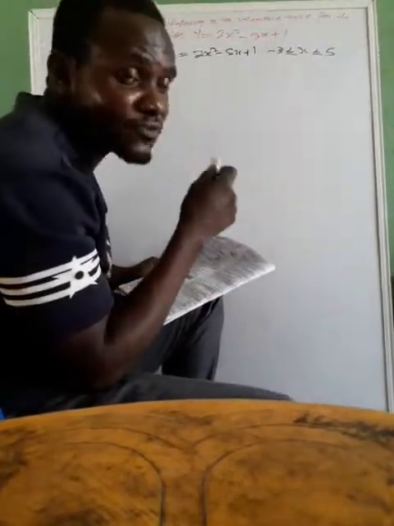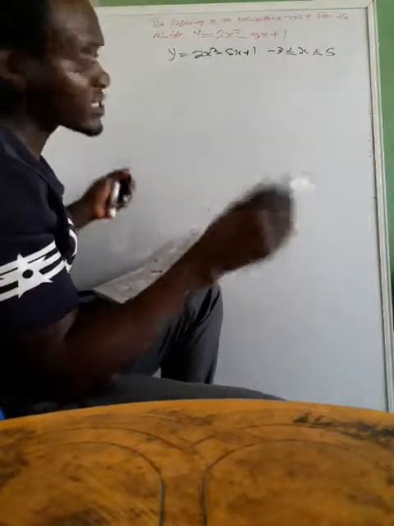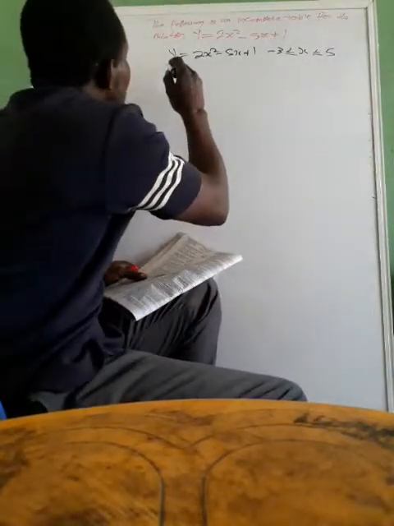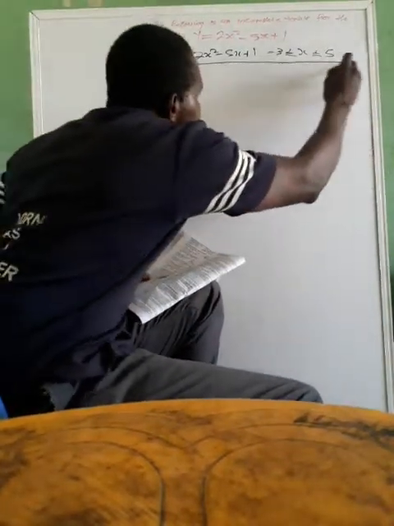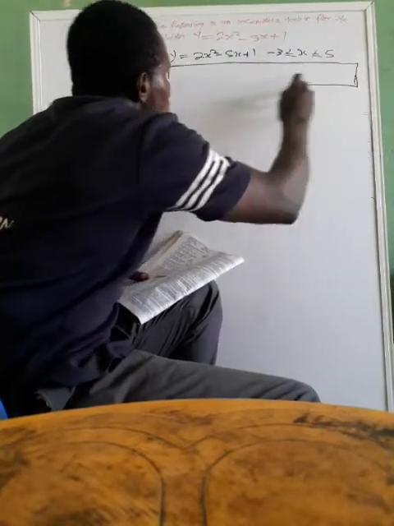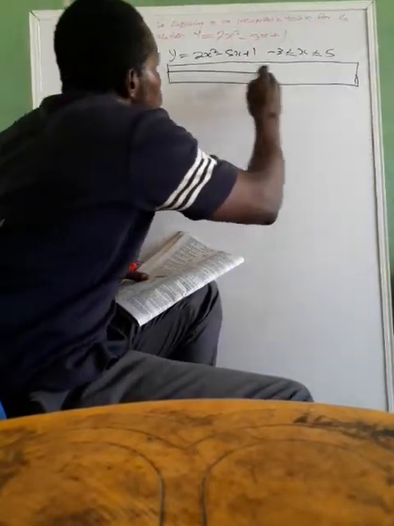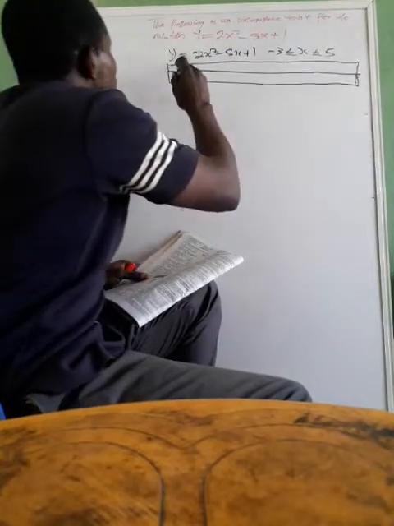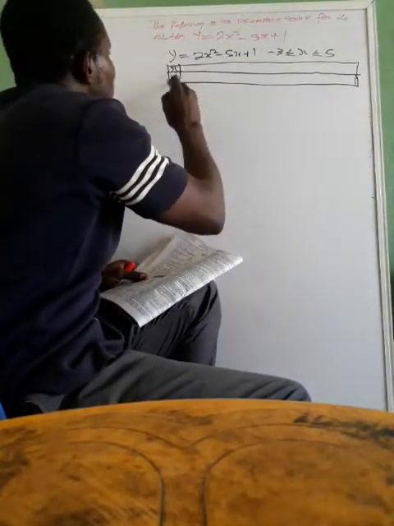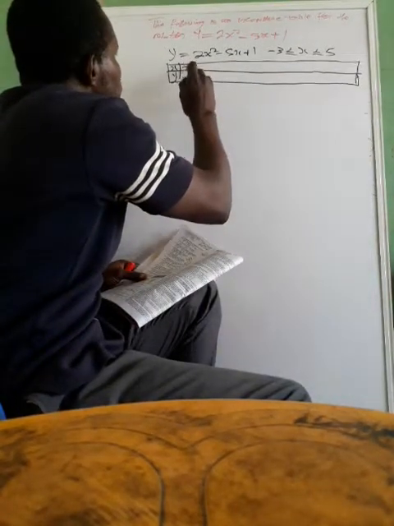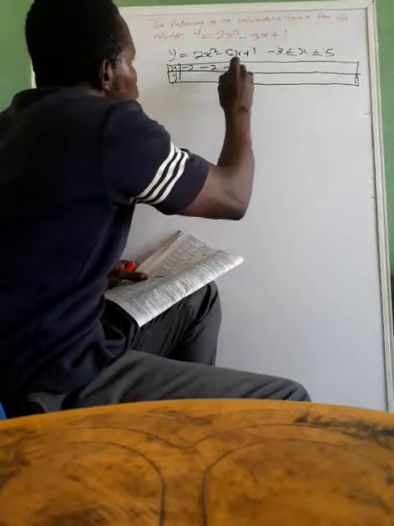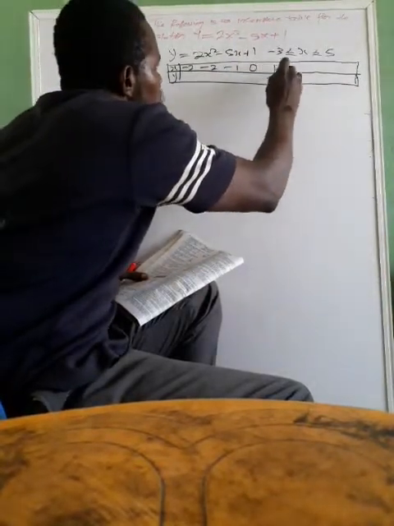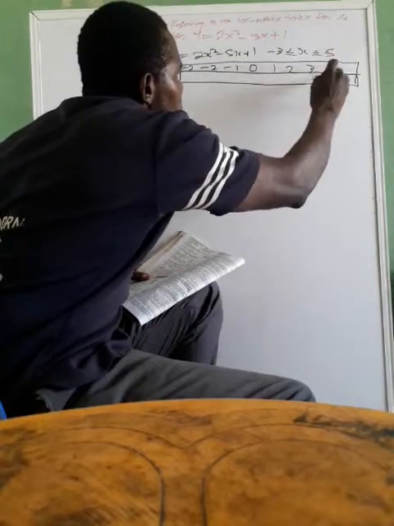If you watch the earlier video, this is the aspect where you now have to use your scale. Let me copy out the table so that we know what to do. So we have x and we have y. x ranges from minus 3, minus 2, minus 1, 0, 1, 2, 3, 4, 5.